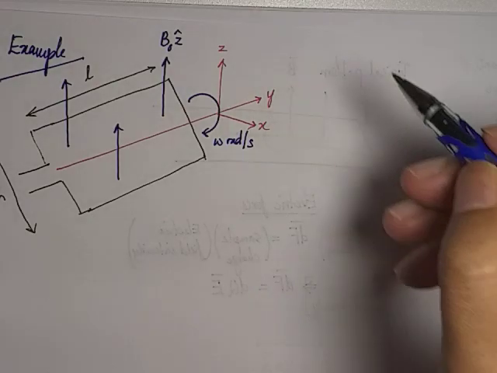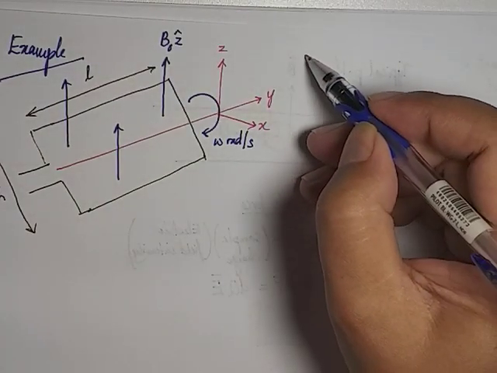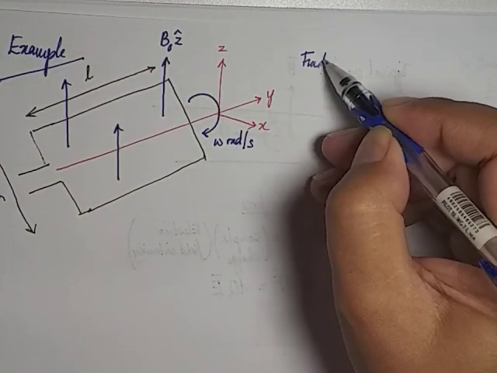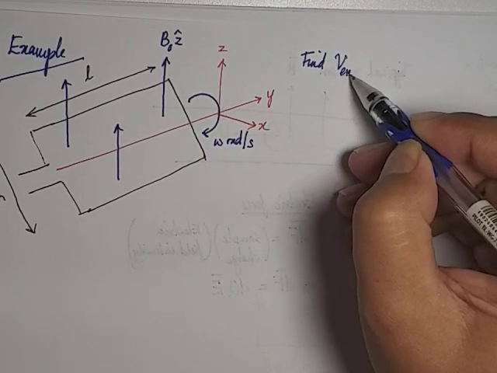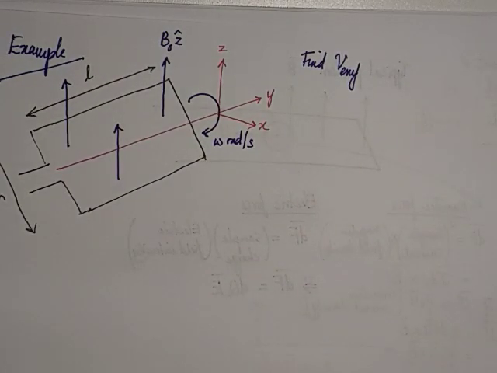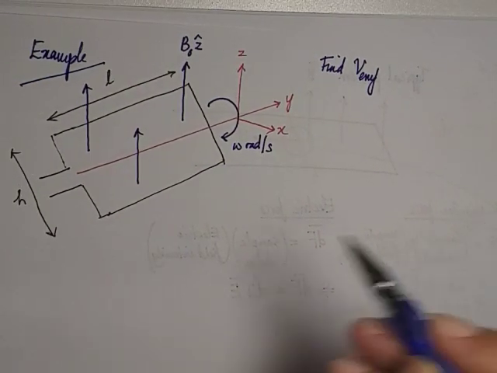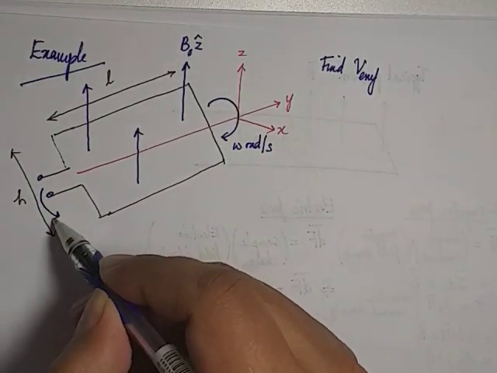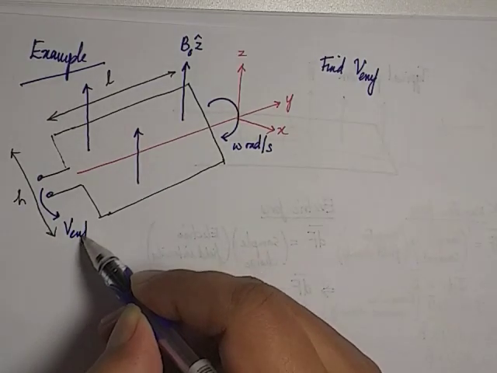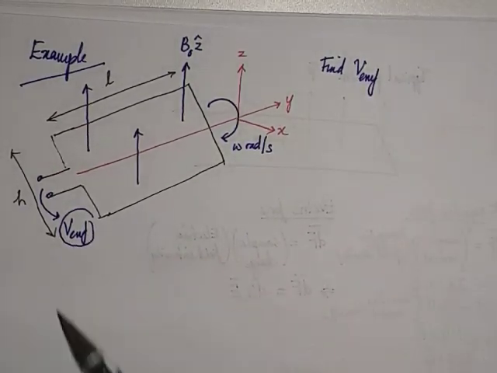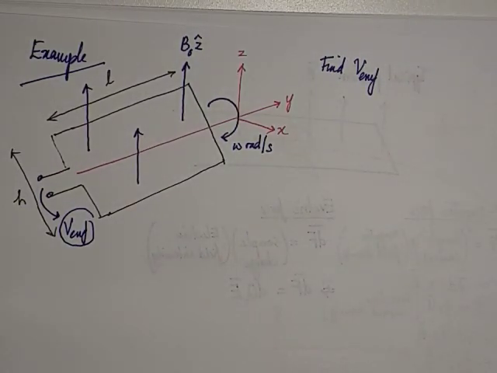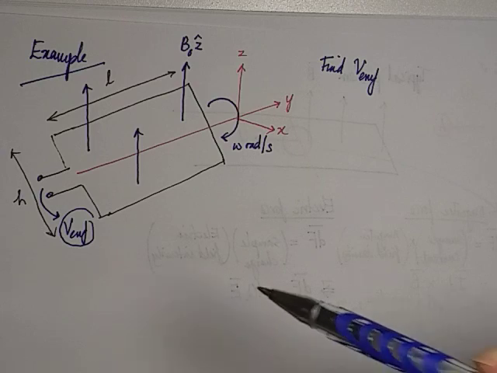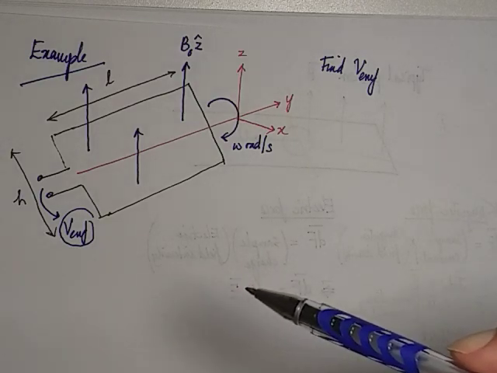So the question: find V EMF. So where is our V EMF referred to? Here. What should be the V EMF created by this particular conductor structure? This is a typical structure that you can observe in a generator.